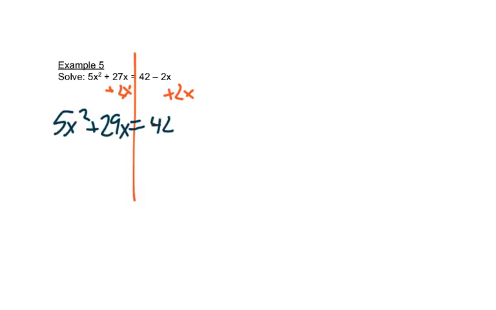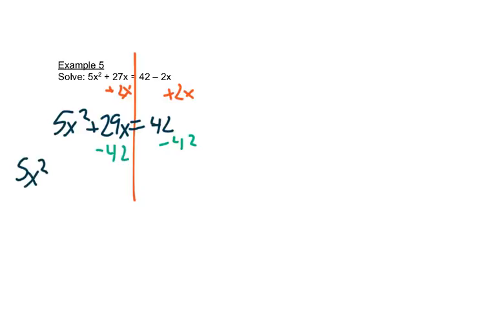So this we need to put in standard form again. So we'll start by adding 2x to both sides. So I get 5x squared plus 29x equals 42. And then I need to subtract 42 from both sides.